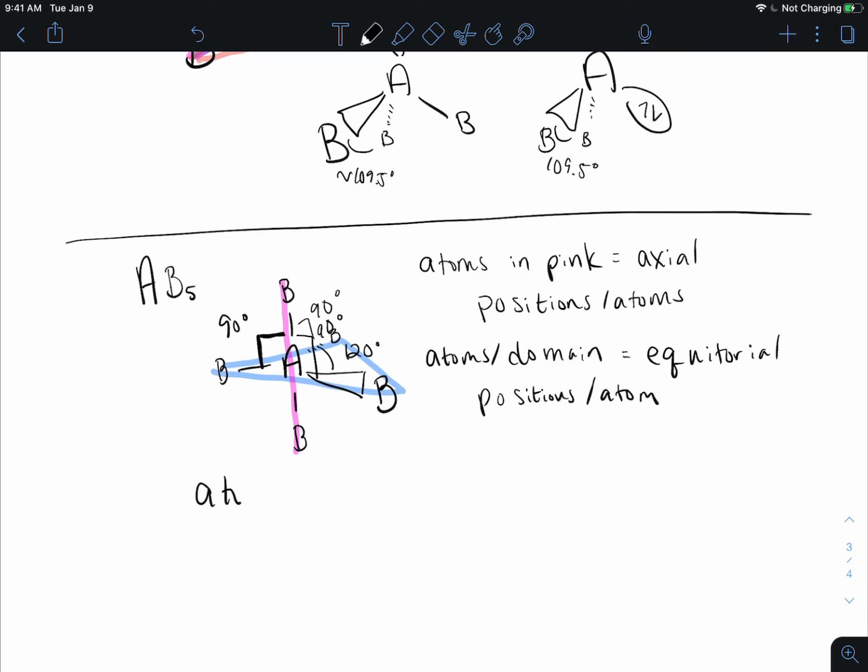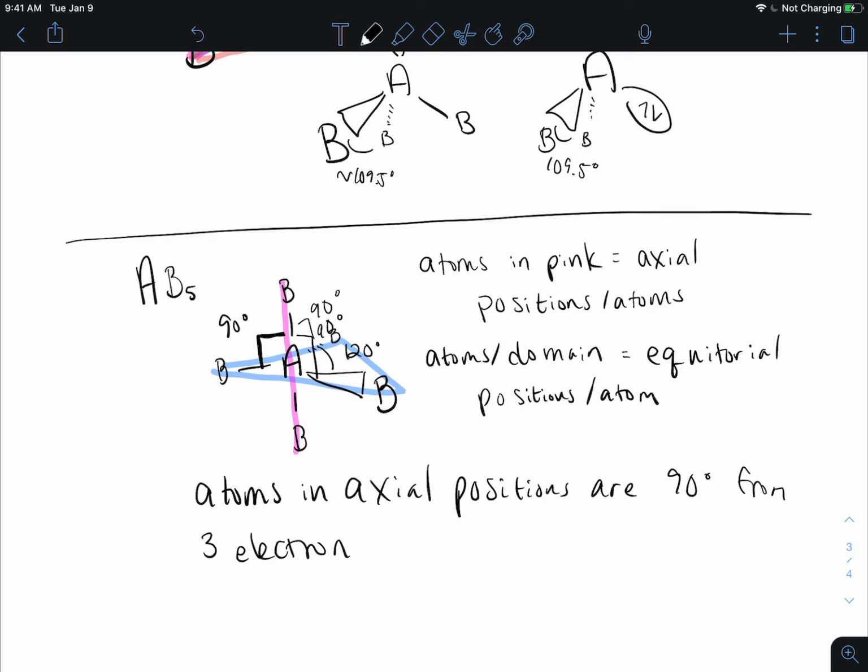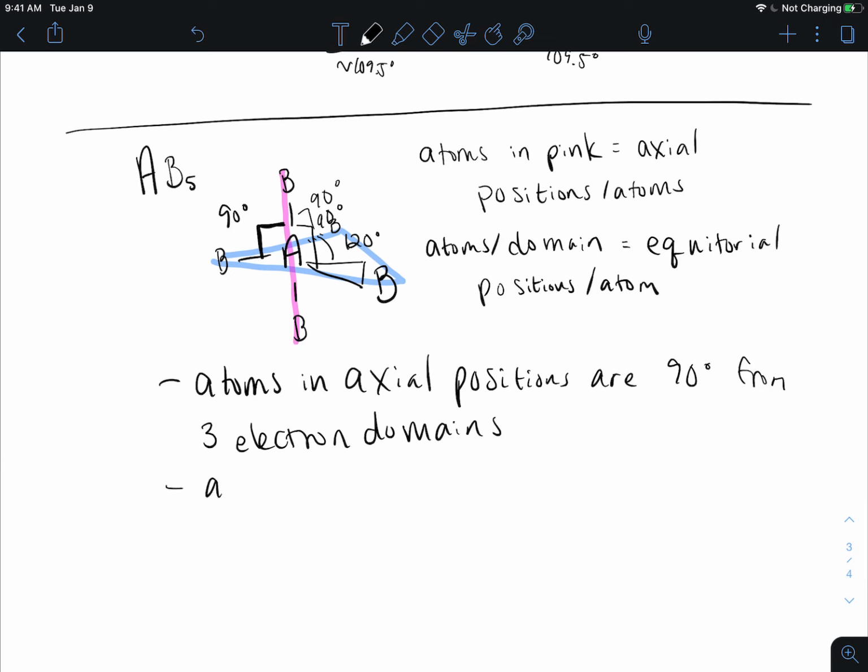So atoms in axial positions are 90 degrees from 3 electron domains. Okay. Atoms in equatorial positions are 90 degrees from 2 electron domains.